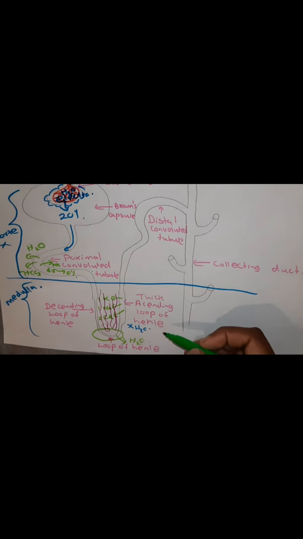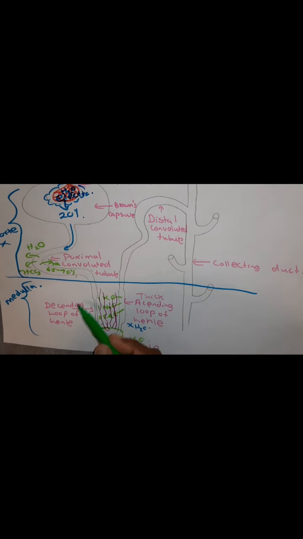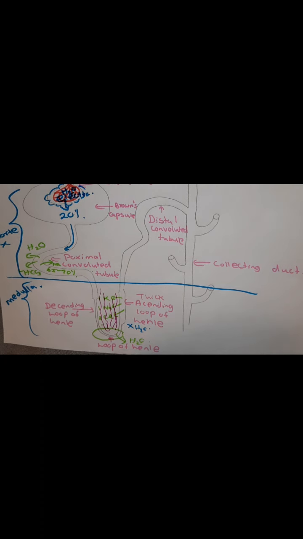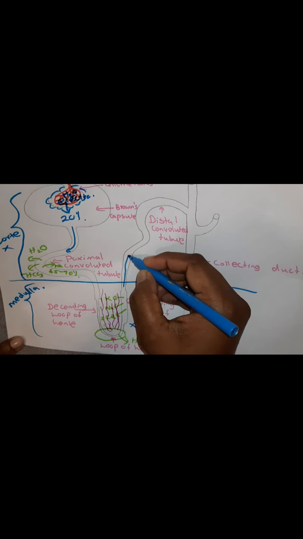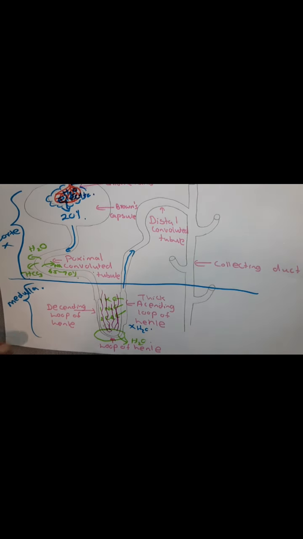But the thick ascending loop of Henle is not permeable to water. Here it makes the urine more concentrated due to the hyperosmoticity of the medulla interstitium, as well as the high permeability of water in the loop of Henle. Then this urine goes towards the distal convoluted tubule.